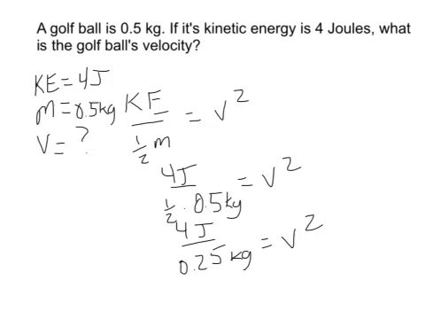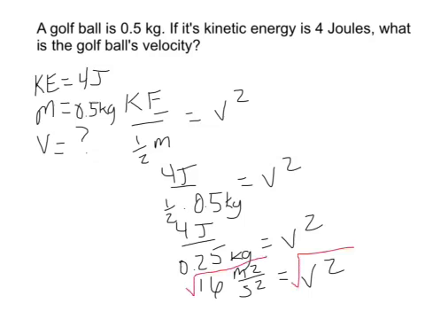So we would have 4 divided by 0.25, which is 16 meters squared per second squared, equals velocity squared. And of course, you know, we've got to find the square root.